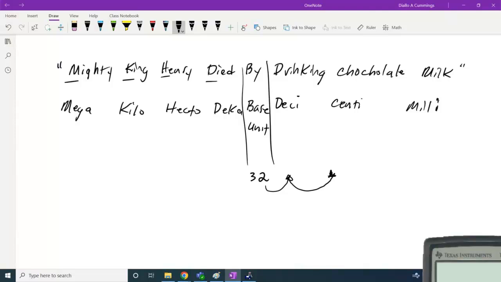Since I moved 2 places to the right, I must add 2 zeros to my number. So 32 meters is equal to 3,200 centimeters. However many places you move in the chart, you have to add that many zeros.